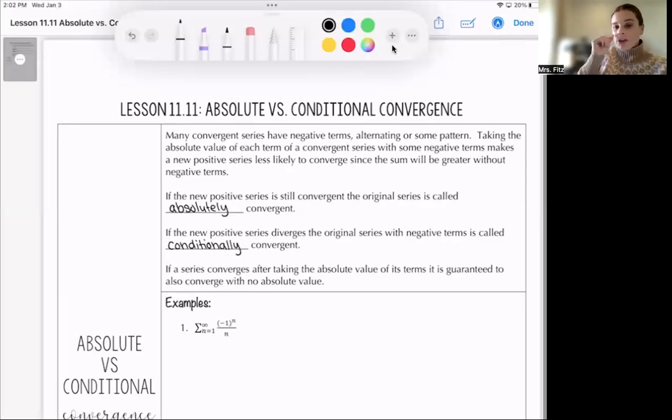If a series converges after taking the absolute value of its terms, it is guaranteed to also converge with no absolute value, right? Which makes sense. It doesn't have those negative terms, making it smaller. You can think of the direct comparison test, right? When you have a series that is smaller than something that converges, then it's also going to converge.